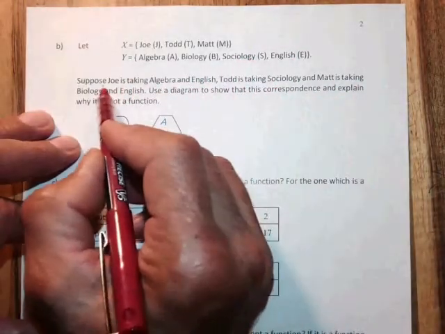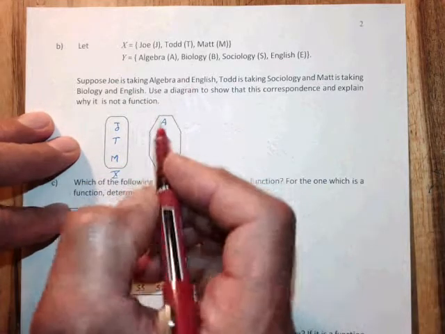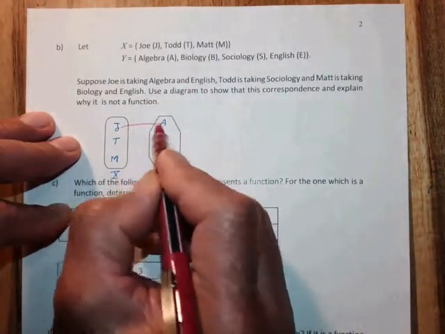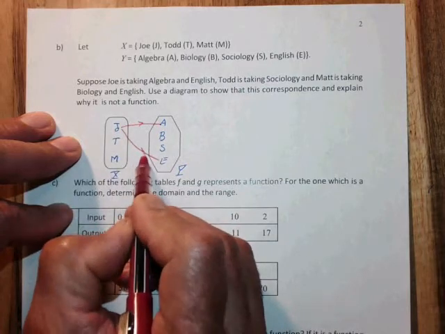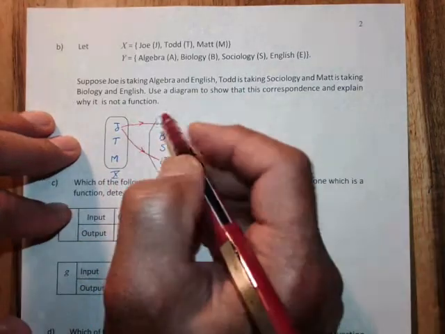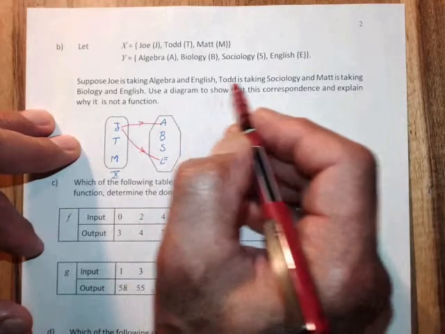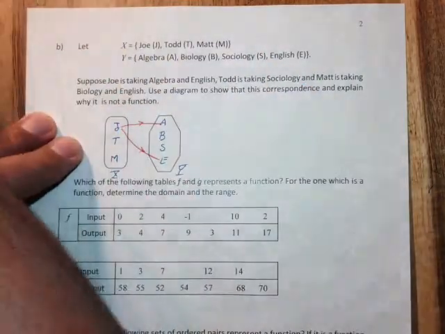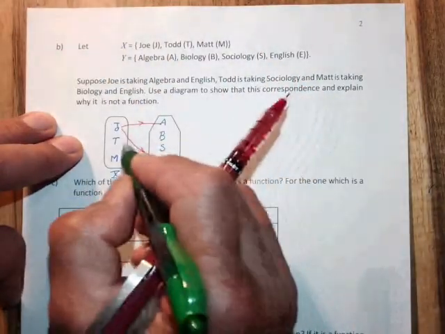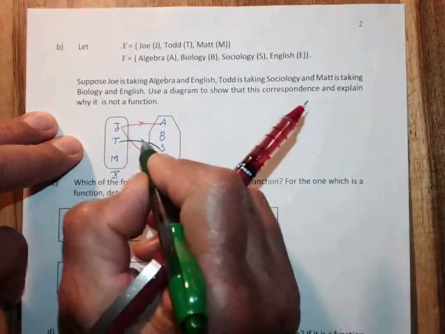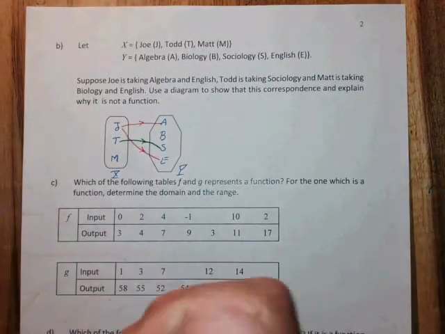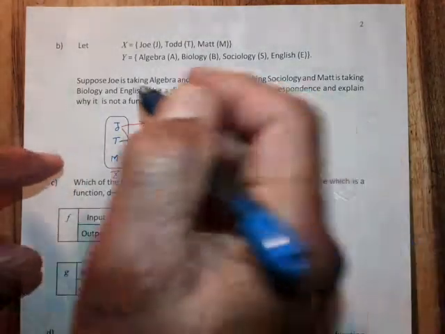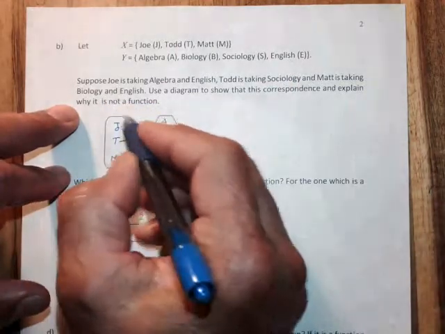And let's draw the relationship between these two sets the way it's been described in this sentence here. You know that Joe is taking algebra and English. So Joe is taking algebra and Joe is taking English. And Todd is taking sociology and Matt is taking biology and English.